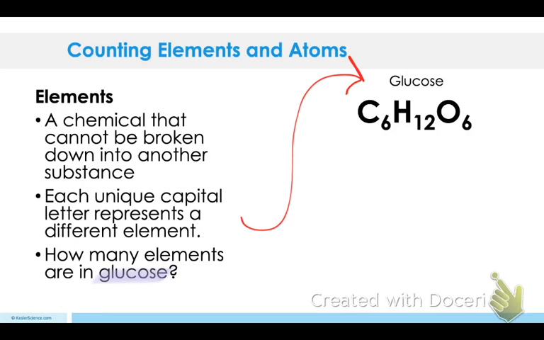Again, each unique capital letter represents a different element in a compound. So here I have carbon, hydrogen, and oxygen. So I have 3 elements in glucose. Don't worry about the numbers yet, we're going to get there. Go ahead and pause here if you are still writing.